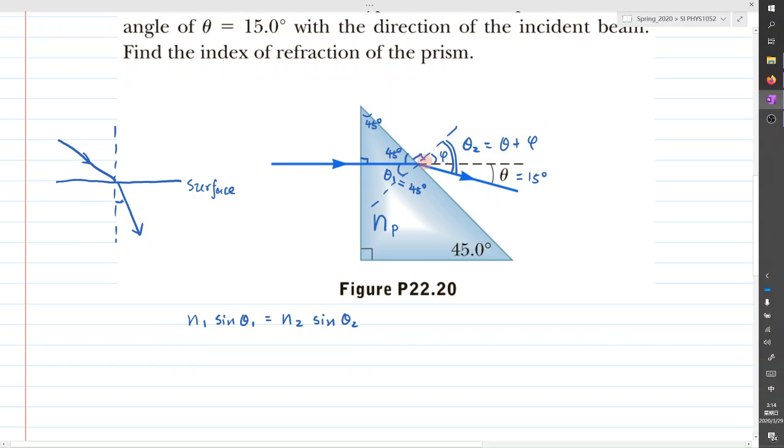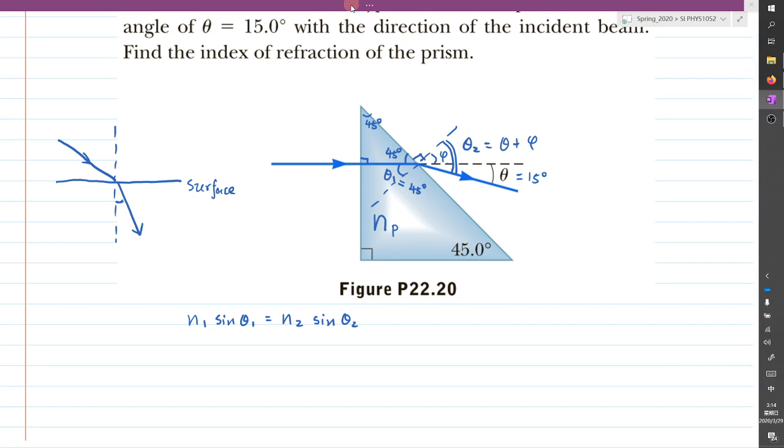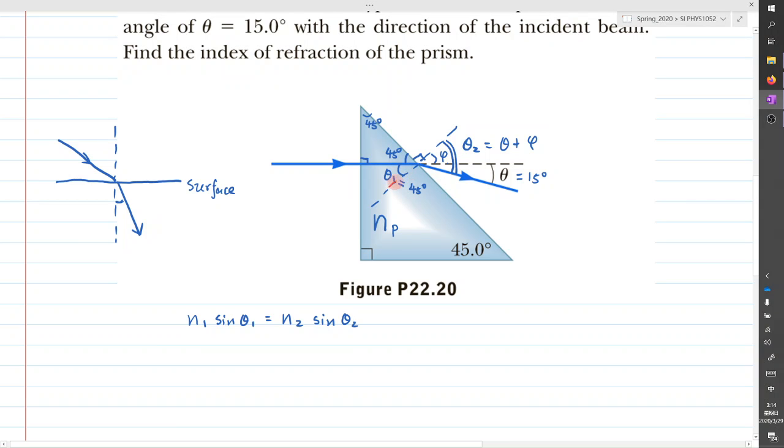If you pay attention to this crossing right here, theta 1 is 45 degrees, so its opposite angle at the crossing of this X should also be 45 degrees. It's the same angle, and it turns out to be phi.